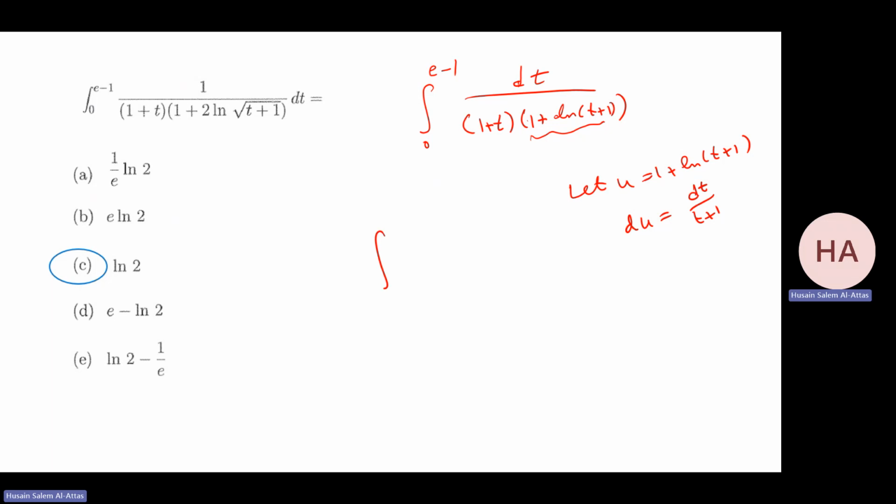So the limits: ln 1 is 0, that will be 1, and e minus 1 will be ln e, which is 2. So I have du over u. That will be ln of u from 1 to 2. And the answer is ln 2.